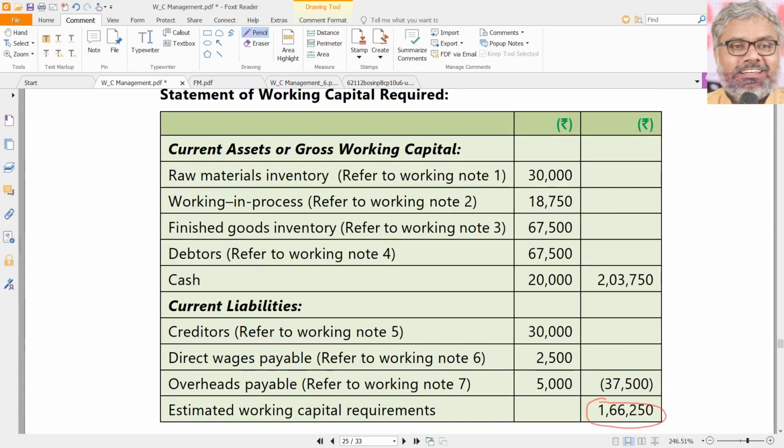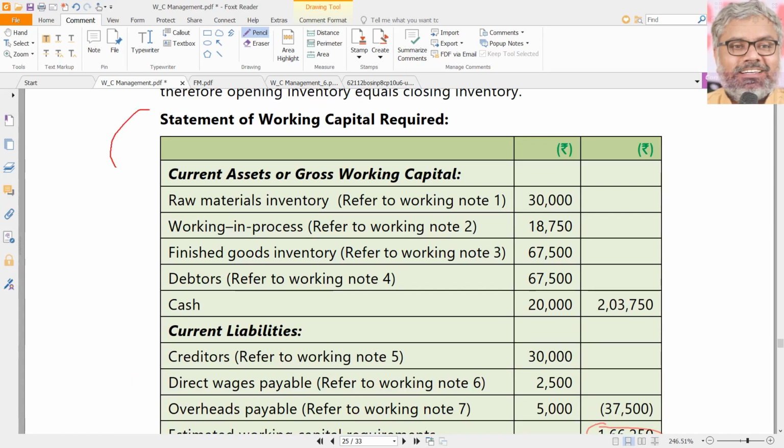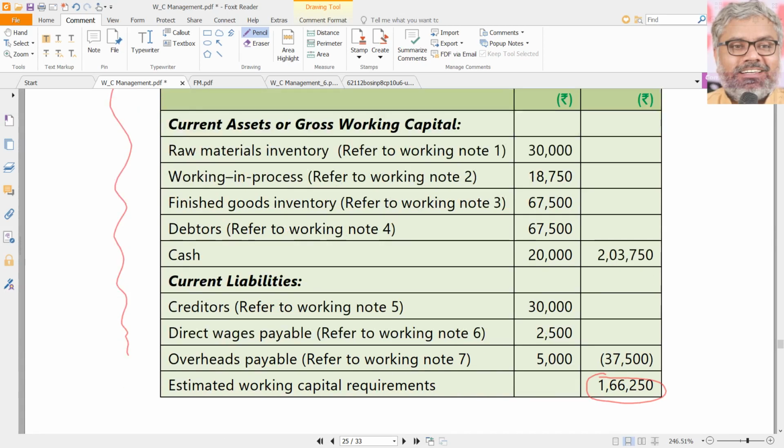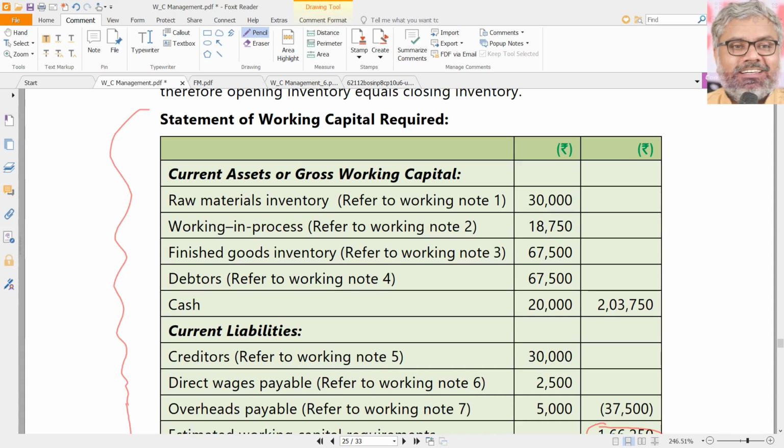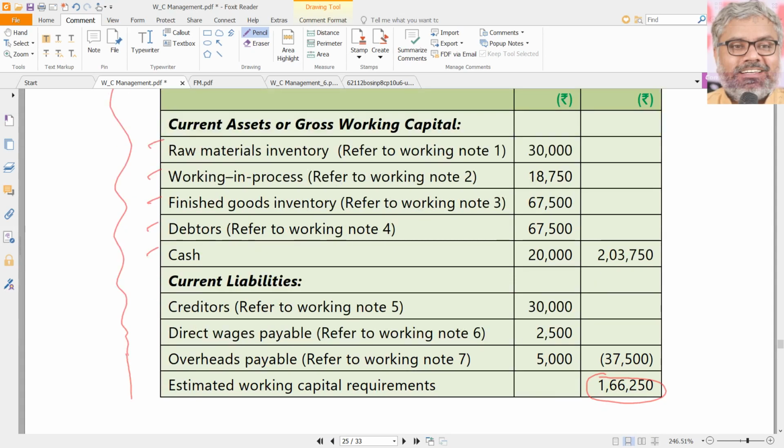Ideally, in the main examination, this should be first. The working note should come later, because this will have more or less the same components. You don't have to break your head. Everything will be the same. What will be there in current assets? Raw material inventory, work in progress, finished goods, debtors, cash. Maybe leave a couple of lines if at all there are any prepaid expenses. Current liabilities, 4-5 lines will be there maximum.